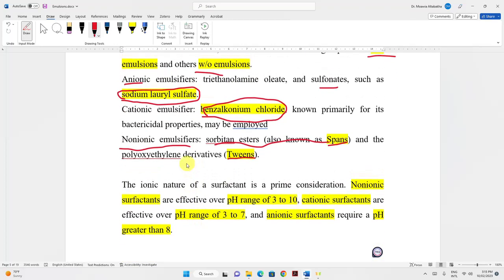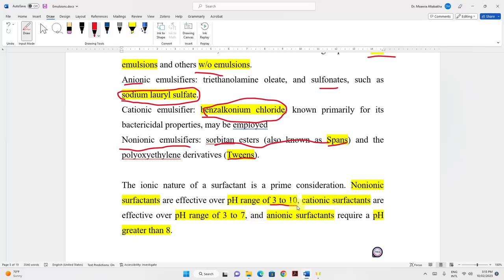Now, these surfactants will not work at any pH. For example, the non-ionic surfactants are the better ones, and they work in the range of pH 3 to 10.